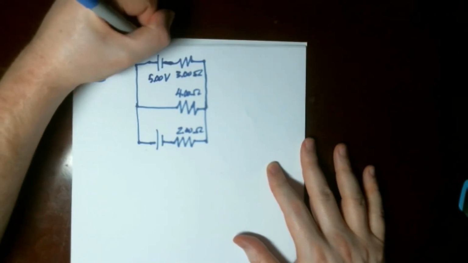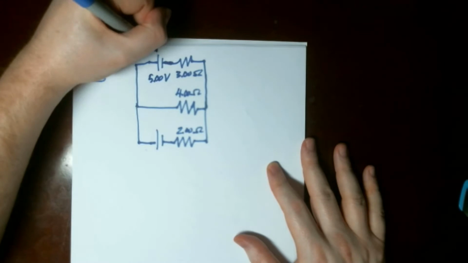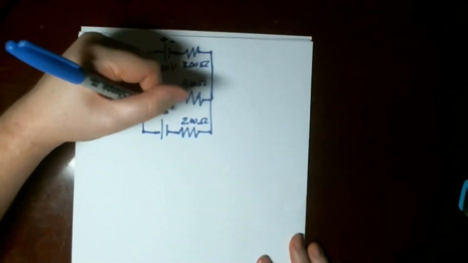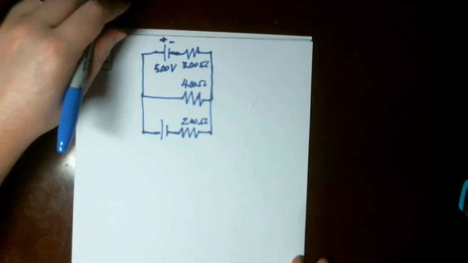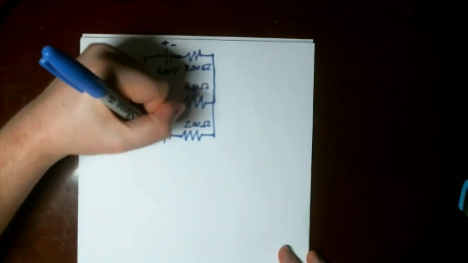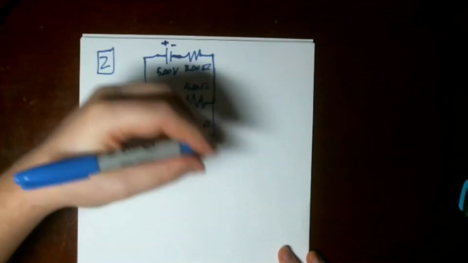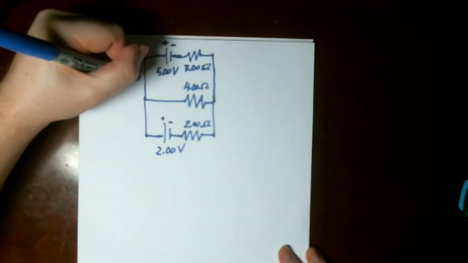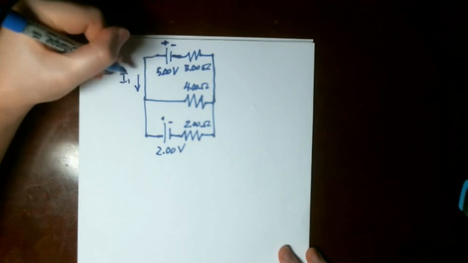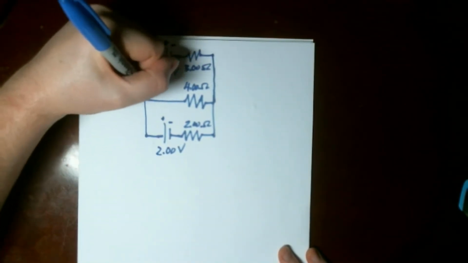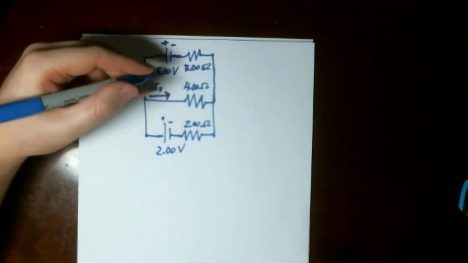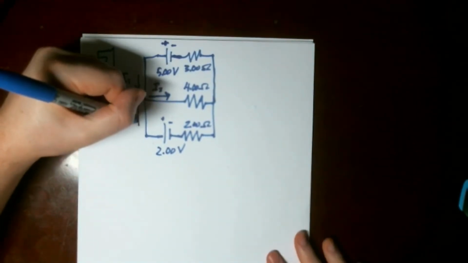Remember, the long thing on this symbol is the positive terminal, and the short one is the negative terminal, and that matters for choosing our sign on the voltage. I have the same down here, plus minus, and this is a 2 volt source. And finally, we have currents. We have current 1 taken to go this way, I1. We have current 3 taken to go through this middle branch, and we have current 2 taken to go through the bottom branch.